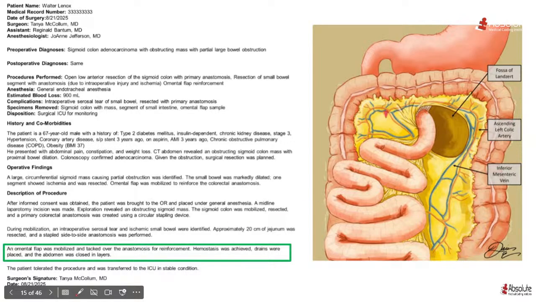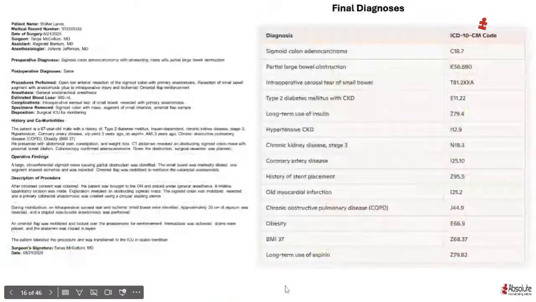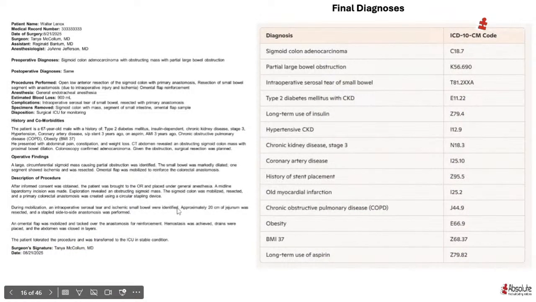So basically, they took this fatty tissue and pulled it over the anastomosis to reinforce it. And that's what took place. So that is my procedure.